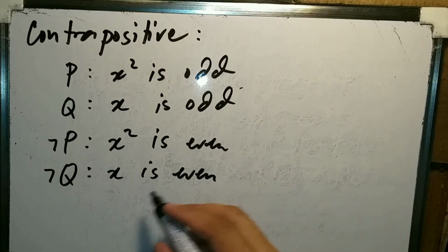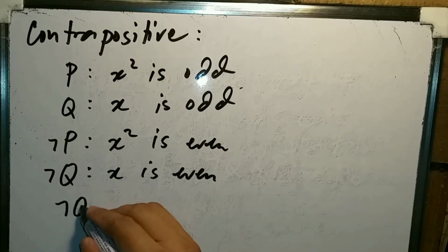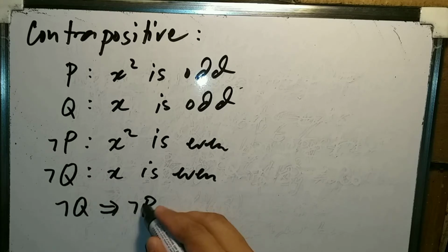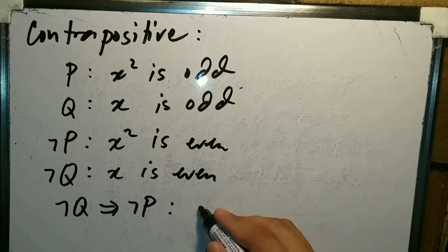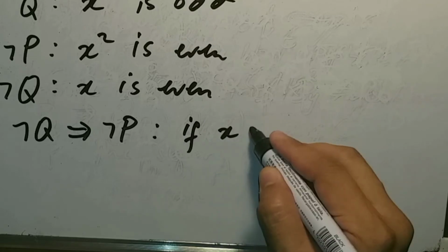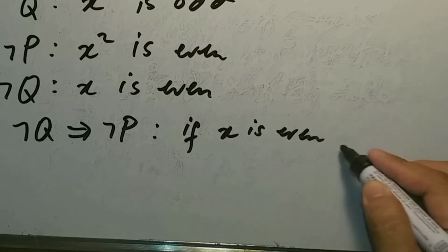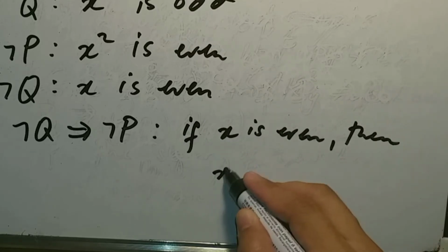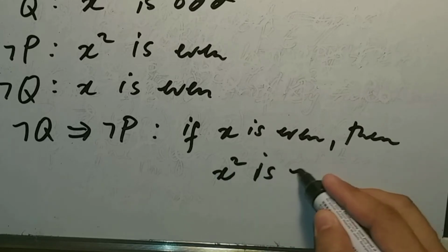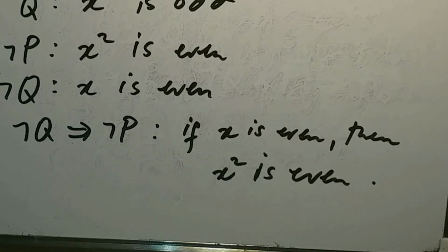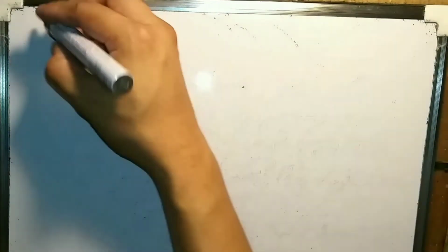So we will now prove not Q implies not P. So that is, if x is even, then x squared is even. So let us do the proof.